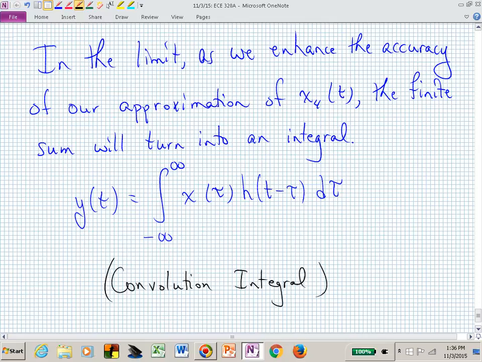And this is how, in the time domain, our input, x of t, and our impulse response, which is the time domain behavior of our system, are combined or used to create our output. It's no longer a multiplication, is it?